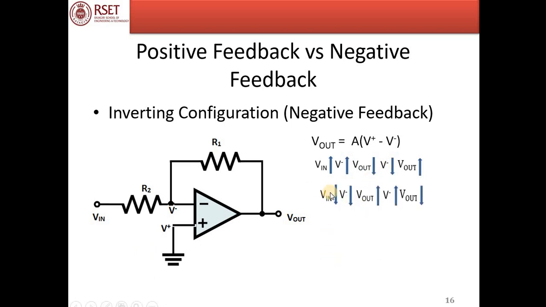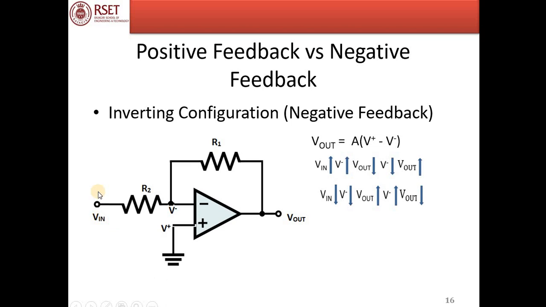Let us take the next case. V input decreases, V minus also decreases, V output increases from this equation. When V output increases, V minus increases. When V minus increases, V output decreases. So, when V input decreases, first we saw that V output increases, then it decreases.